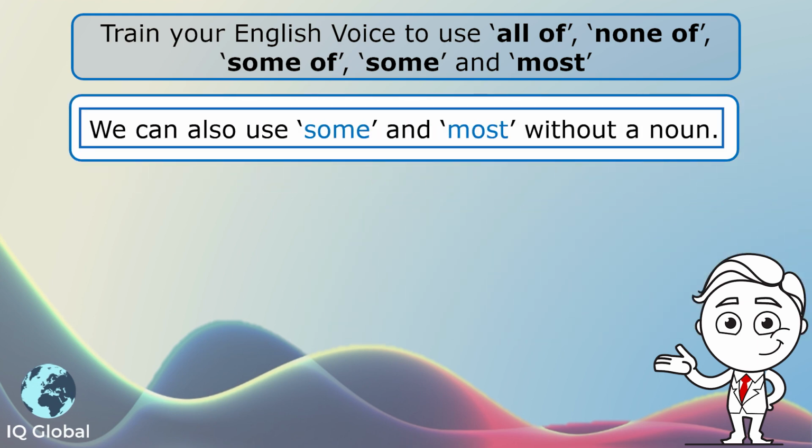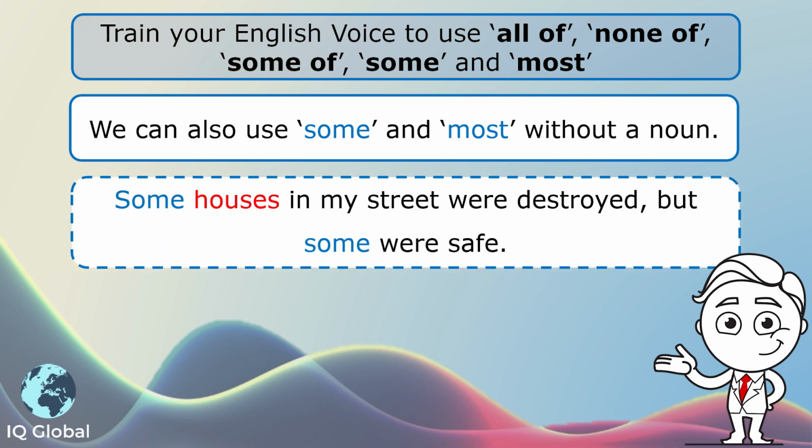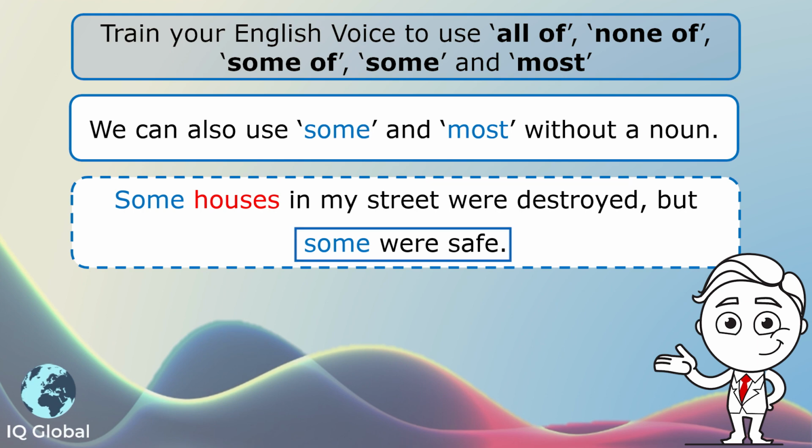We can also use some and most without a noun. So have a look at sentence 1. Some houses in my street were destroyed, but some were safe. So I have used a noun in part 1 of that sentence.